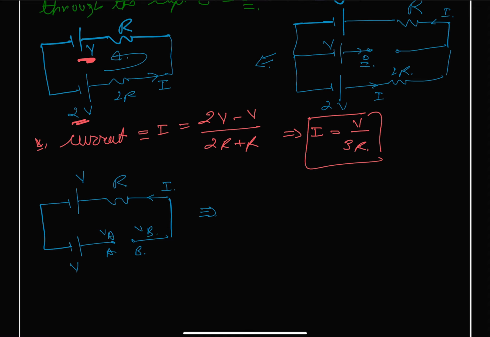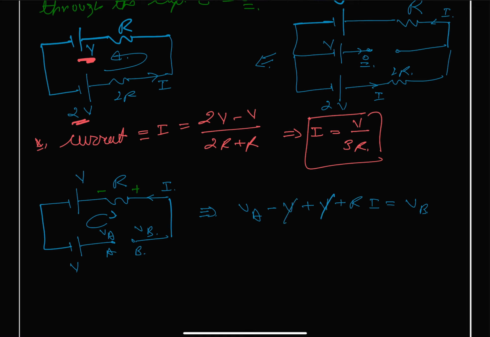So we take the loop: VA minus V, and then plus V, so there will be a rise in potential. It comes as plus RI is equal to VB.